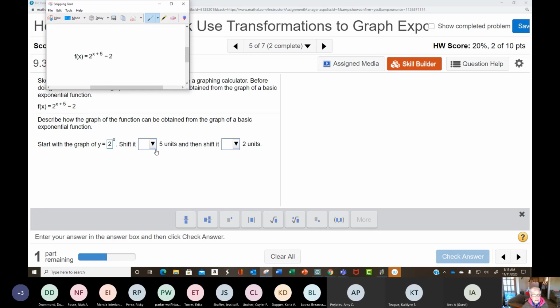Now shift it 5 units. Okay, now we're 5 units. The 5 is here. I have to decide which direction to go in. Well, I know that if I set x plus 5 equal to 0, writing with a mouse is terrible.